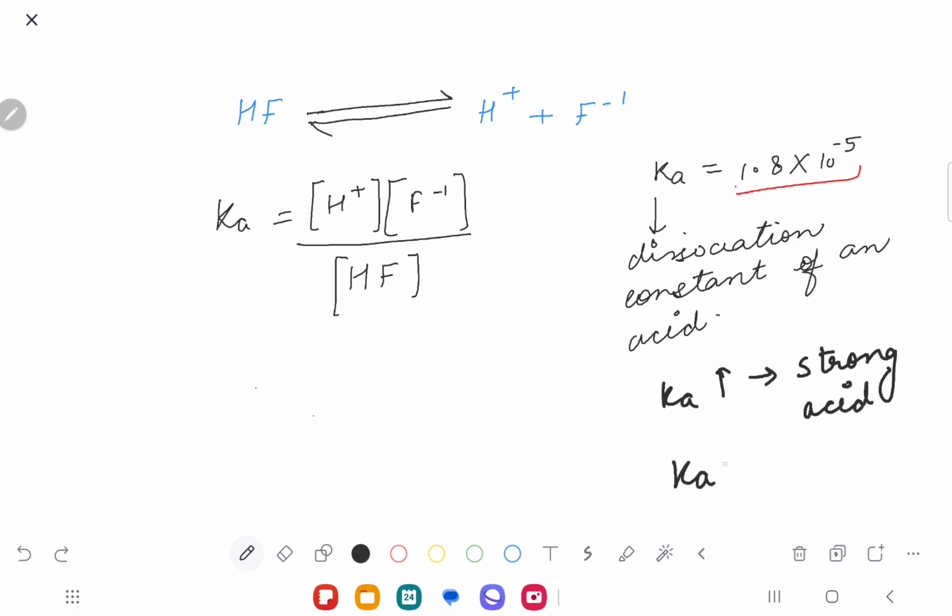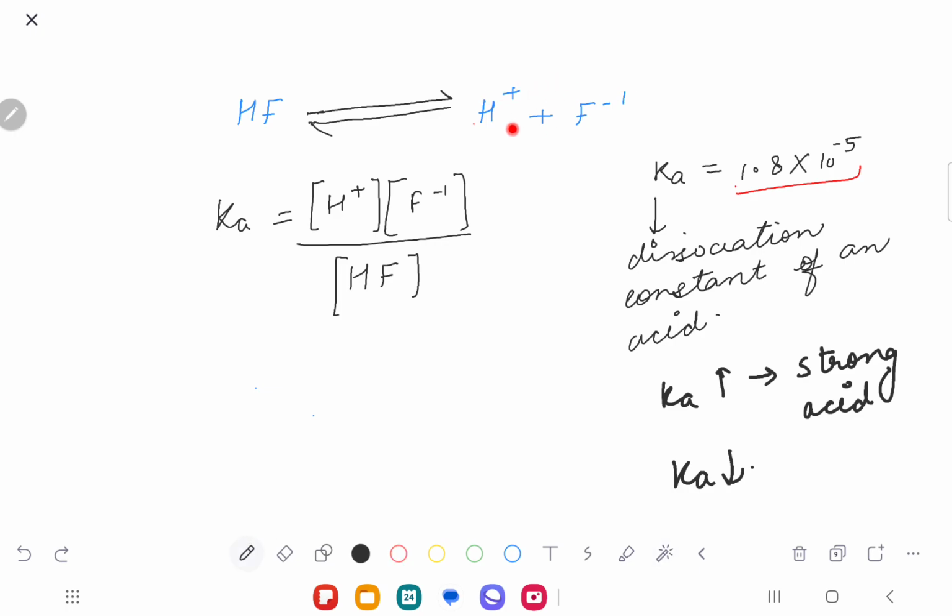And if the value of Ka is less, that means HF has not dissociated fully. Are you understanding? When HF has not dissociated fully, that means H plus and F negative have not been formed in good quantity. What exactly does that mean?